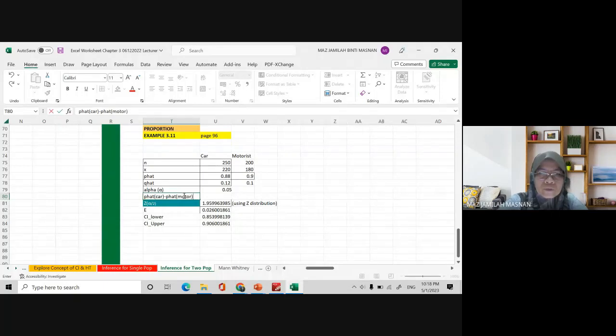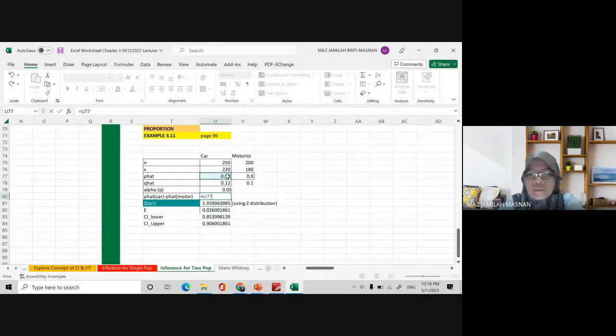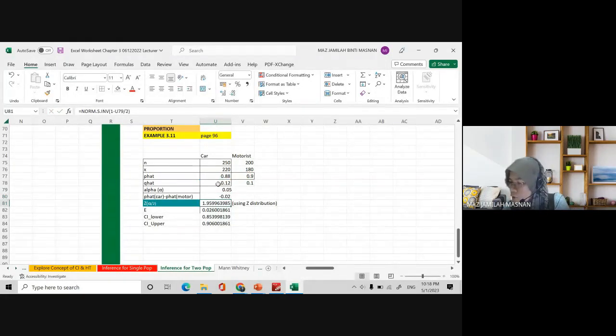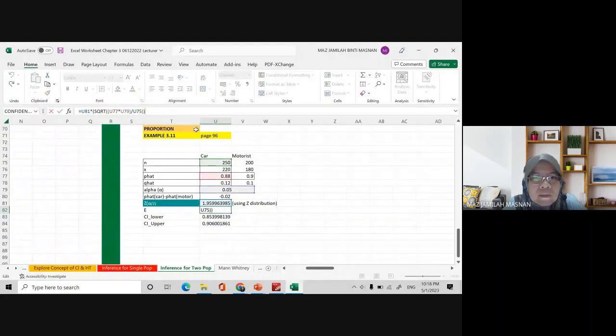Just put motor here. So here it should be equal to P hat car minus motorist P hat. So you get negative 0.02. Okay. So that will be your difference. And then this is your Z, correct? Now we check the E. What is wrong with the E? See, U81 is your Z alpha.